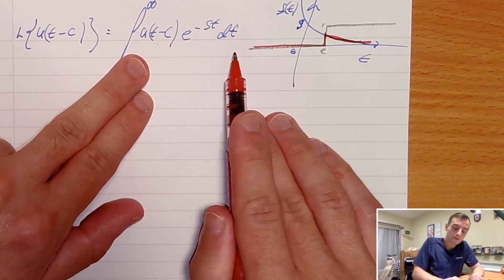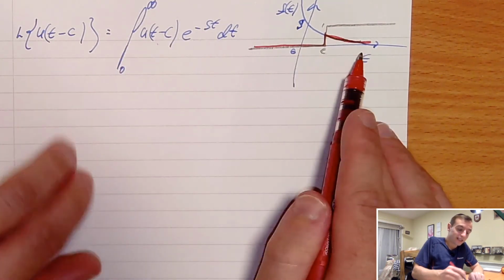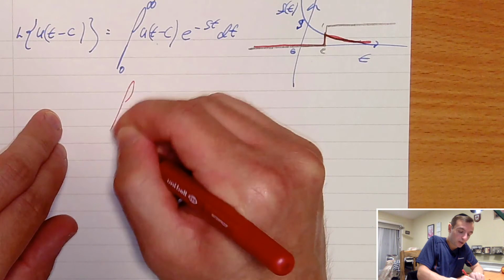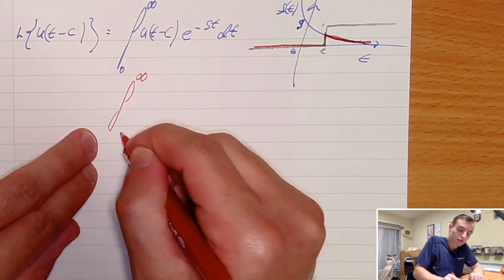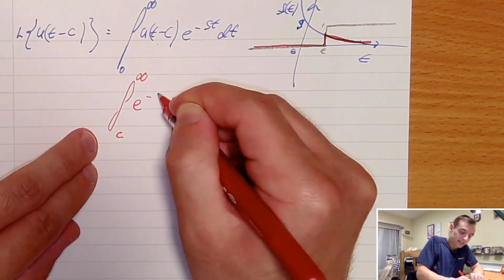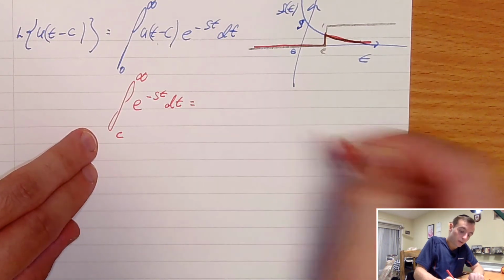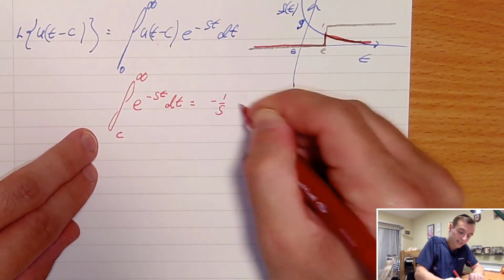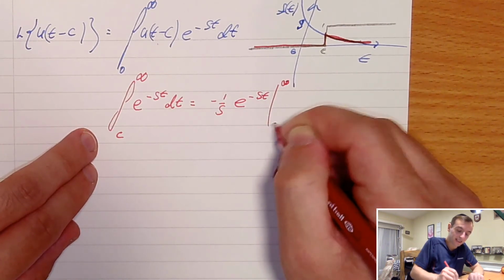If we integrate that product, the red line, it's equivalent to the integral between positive infinity and c, because less than c it's 0, of e to the minus st dt, which equals minus 1 on s, e to the minus st, evaluated between positive infinity and c.